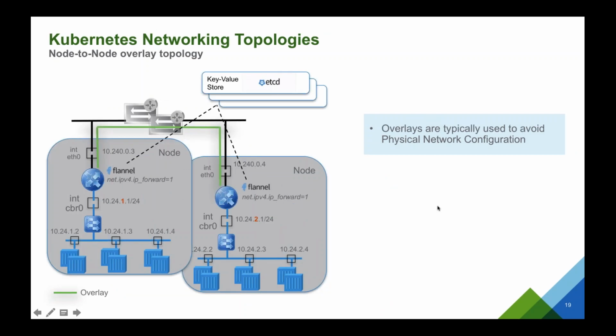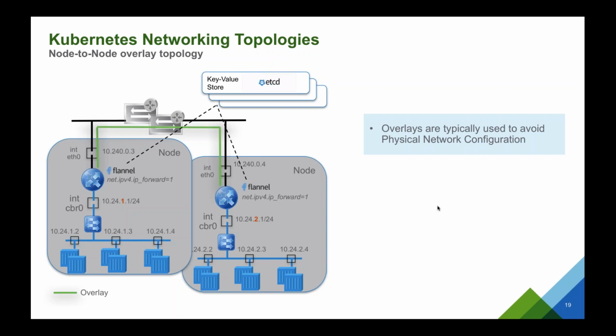Now, with all these complications of having to add routes to the physical network, people started to use overlays between the nodes. And the most popular one is a technology, an open source project called Flannel. There are others. There is Weave, there is all sets of implementations.